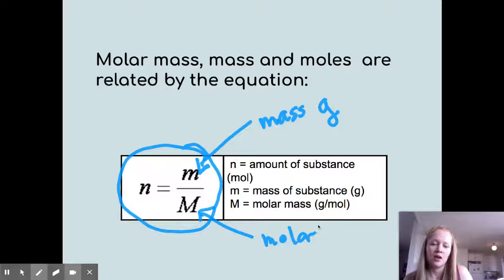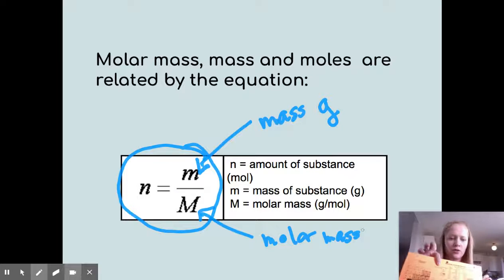Those units, like I told you last lesson, you don't actually have to memorize. You can find that on your periodic table in the top right-hand corner, atomic molar mass. It says grams per mole. So if we have a mind blank, there it is.